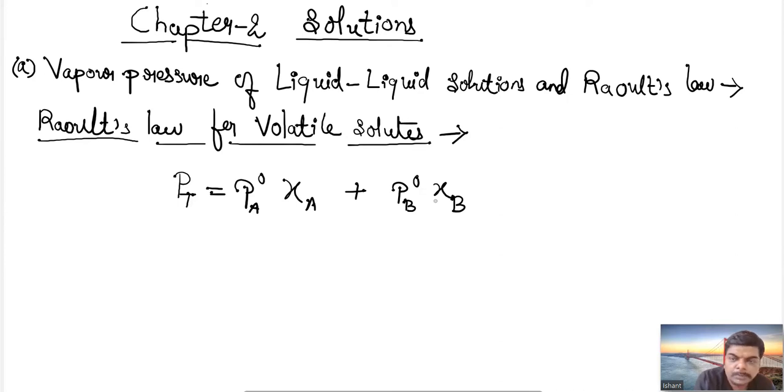The product of the pure substance vapor pressure with the mole fraction in the solution gives us the partial vapor pressure. According to this we have derived this formula.